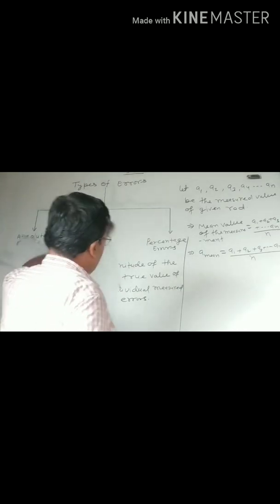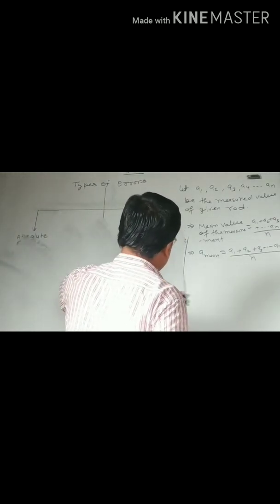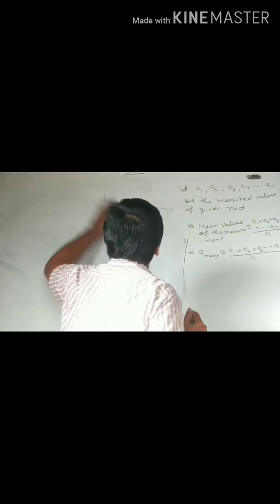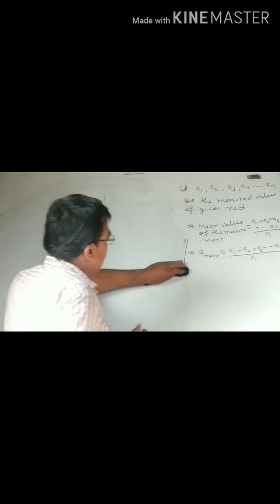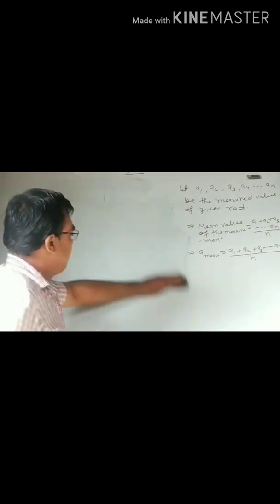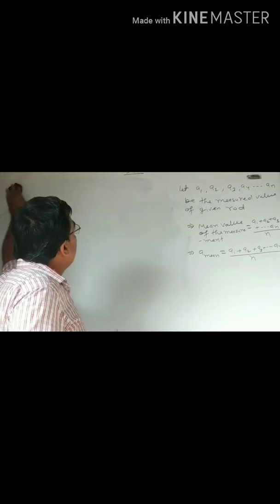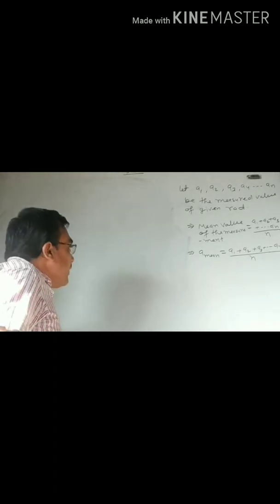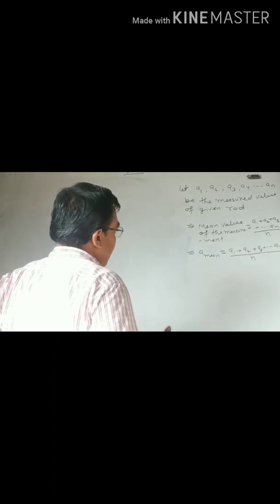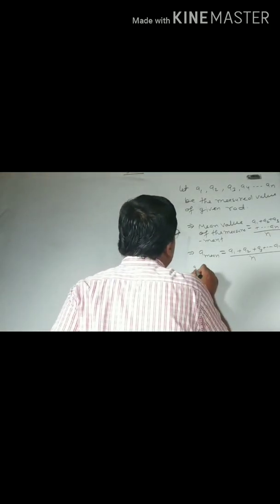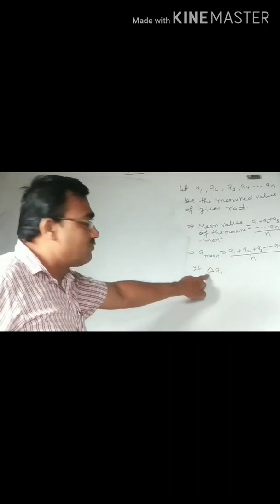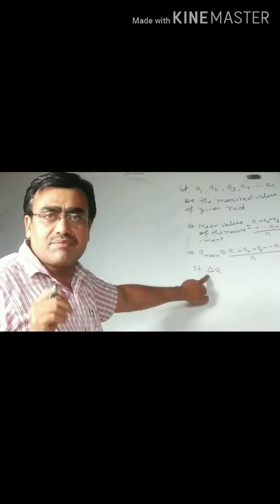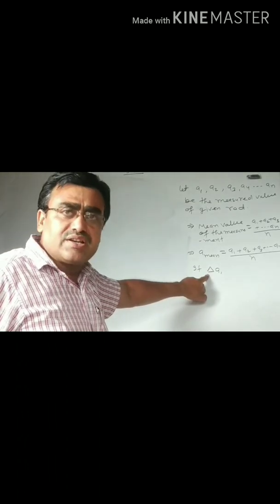Okay, and we assume that delta A1, delta A2, delta A3 be the absolute errors in the given measurement of the rod. This is the symbol of delta, the capital form, a Greek letter.